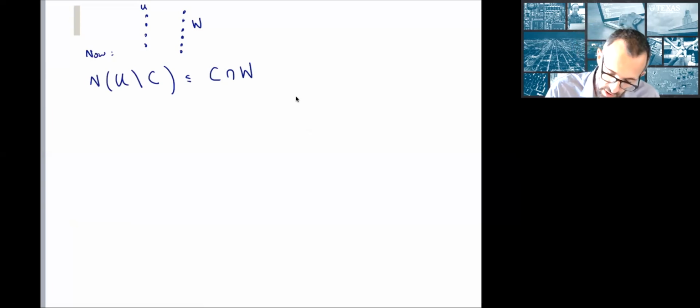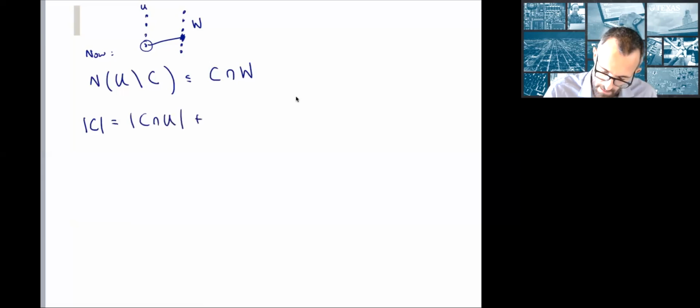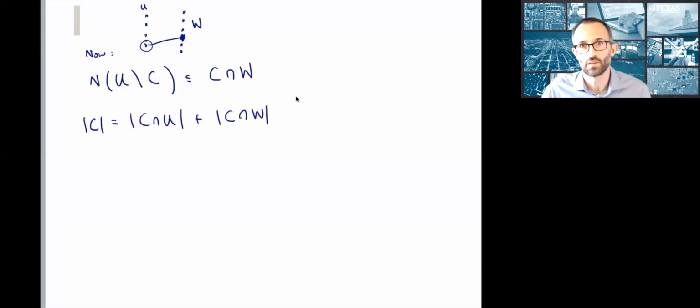So if you have something here that's not in the vertex cover, it must be connected to an edge that belongs to the vertex cover on the right. So what this tells us is that |C| is equal to |C ∩ U| plus |C ∩ W|. This is just because U and W are disjoint.